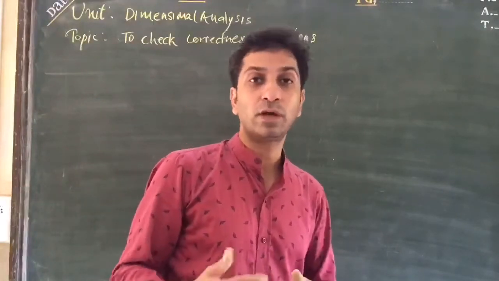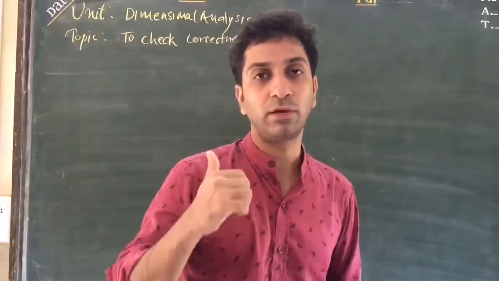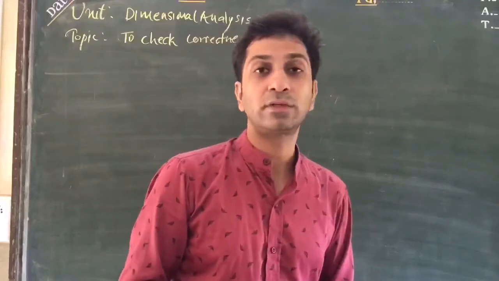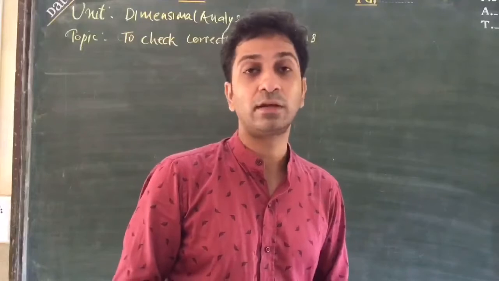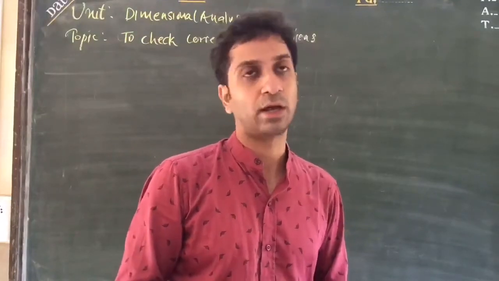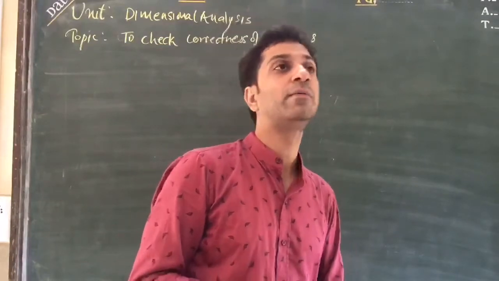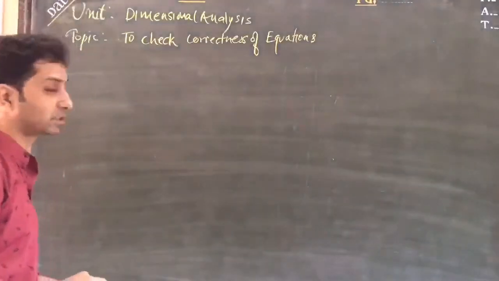Where are we going to use the dimensional formulas? The first concept I am going to give is to check the correctness of an equation. You are given some equations and you want to check whether the equation is given correctly or not. How can you check? This can be checked with the help of dimensional analysis. I will do some examples so as to understand the concept.